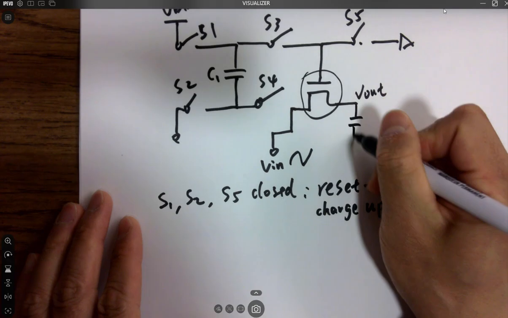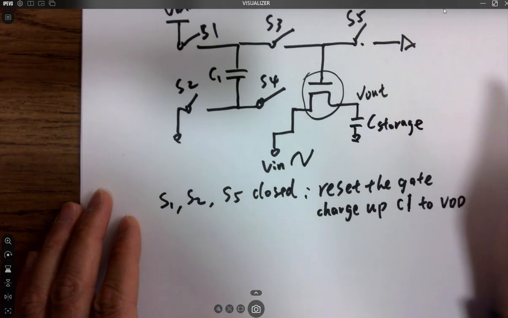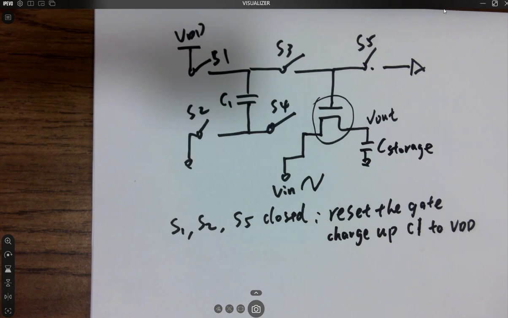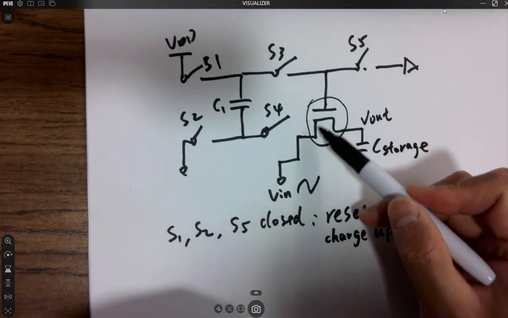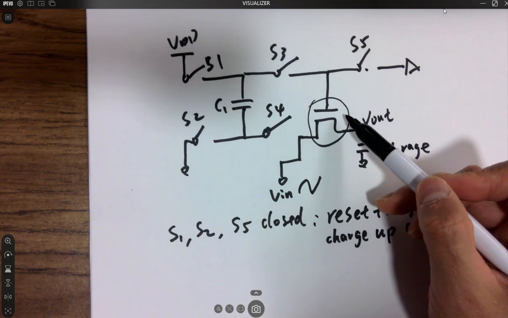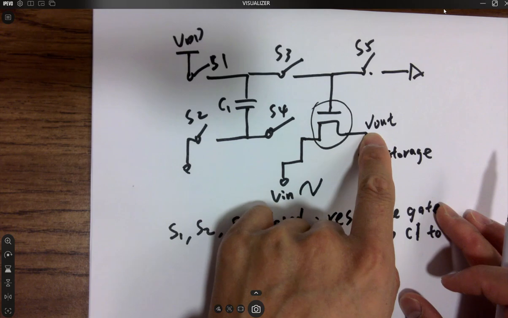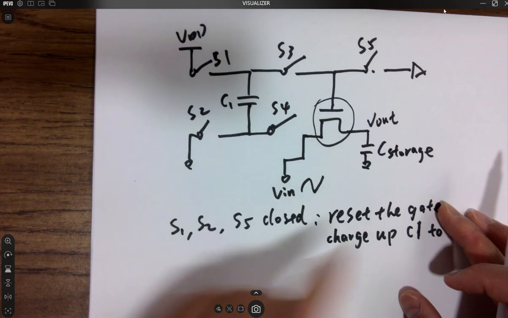I have a little cap here to store the charge, C storage. I guess it would be holding, right? Why? Because it's not changing, because it's not active. The transistor is off, because this is grounded, so this guy is turning off. V is not going through, so VL is just holding there because it's not able to discharge. So this is holding.